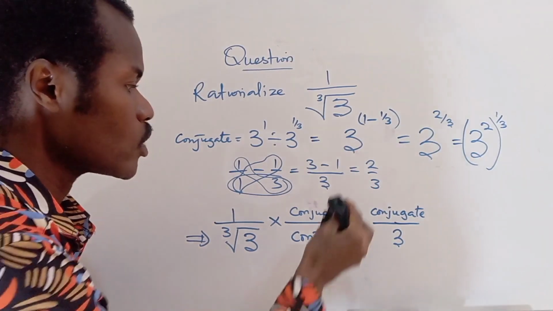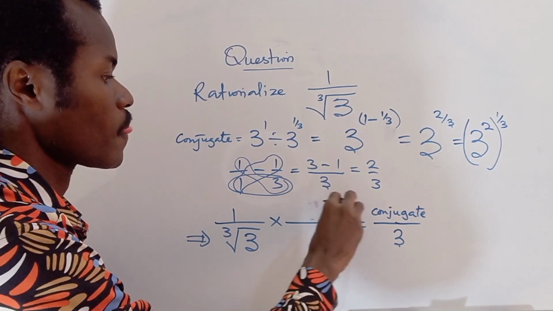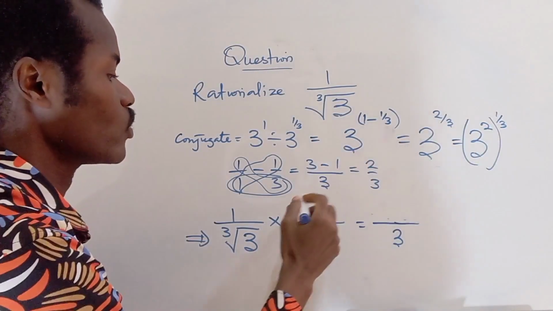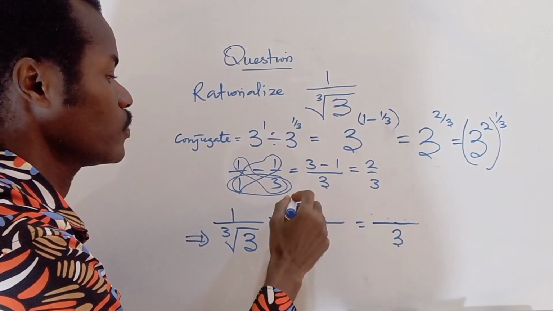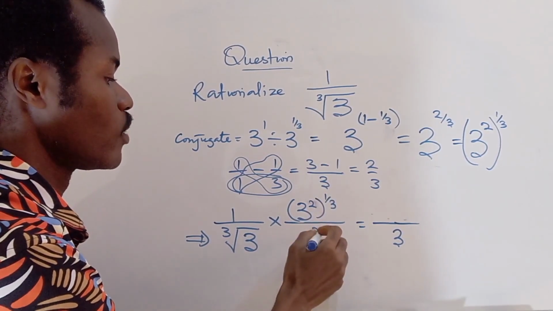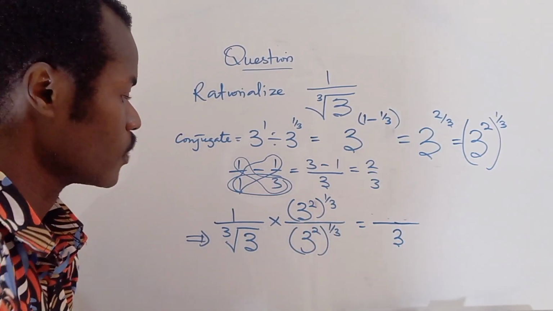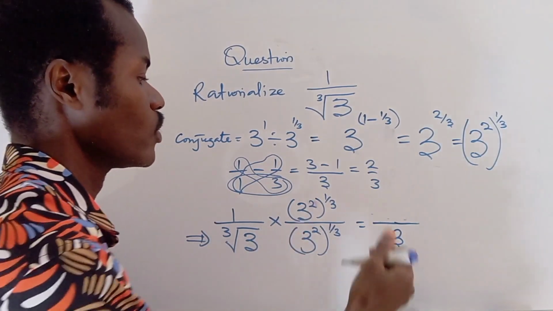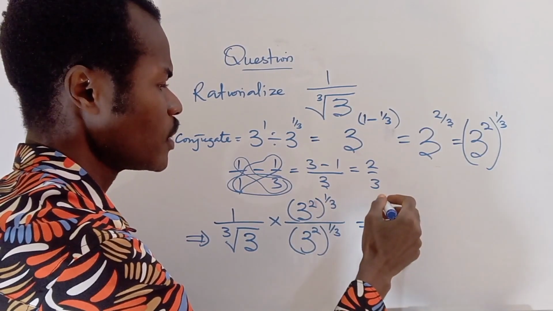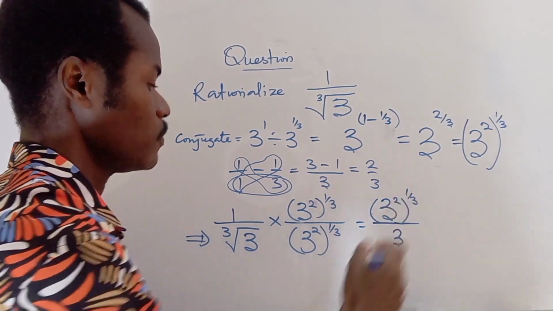Alright, so I want to bring the conjugate here. We have 3 raised to the power of 2 in bracket 1 third, and in the denominator we have 3 raised to the power of 2 in bracket 1 third. So 1 times this is going to give us 3 raised to the power of 2 in bracket 1 third.